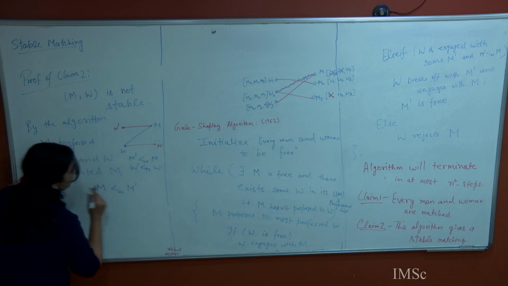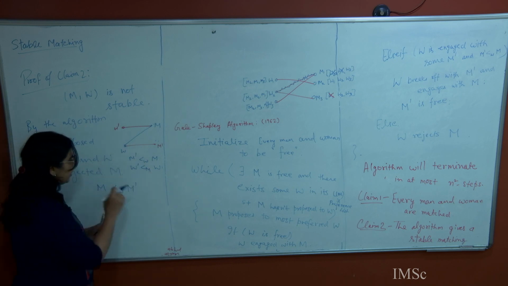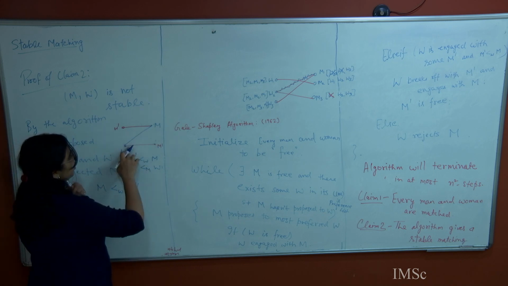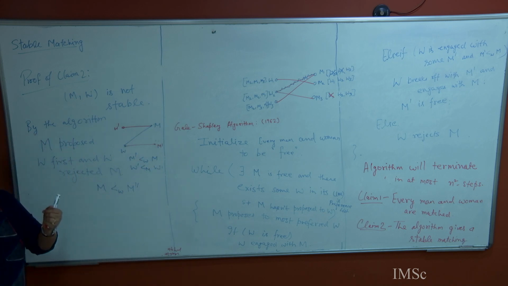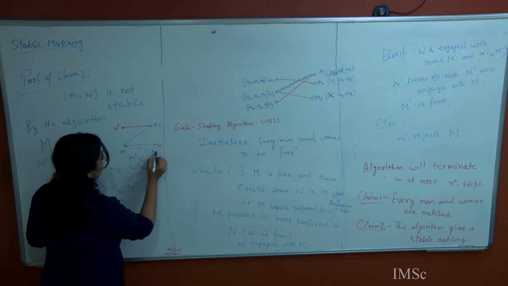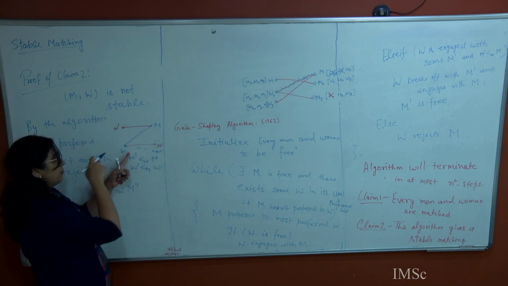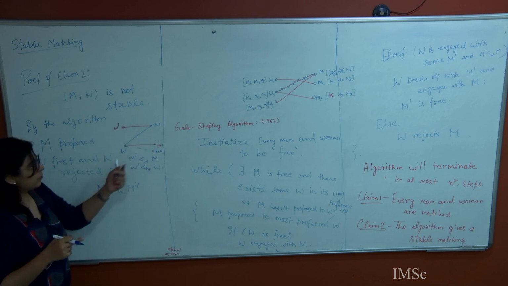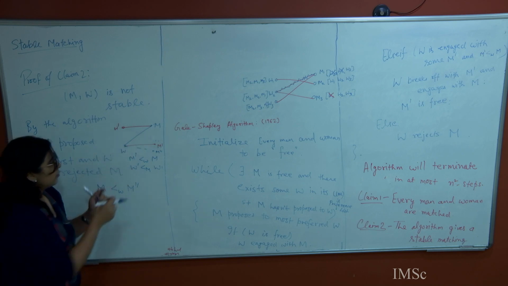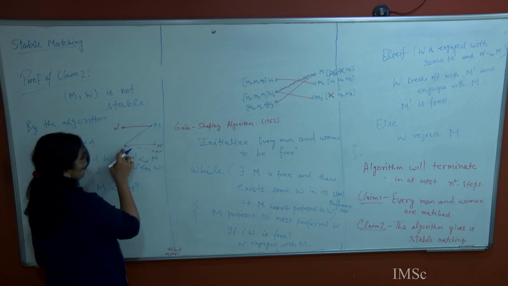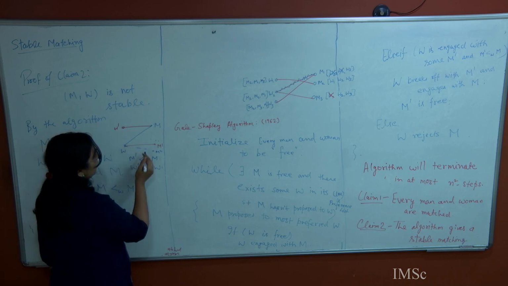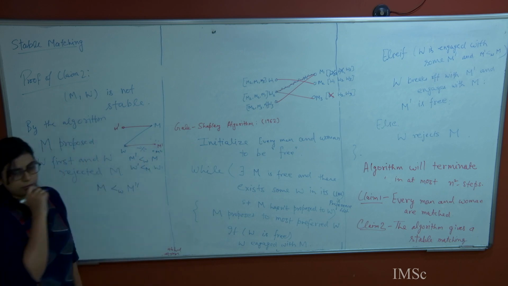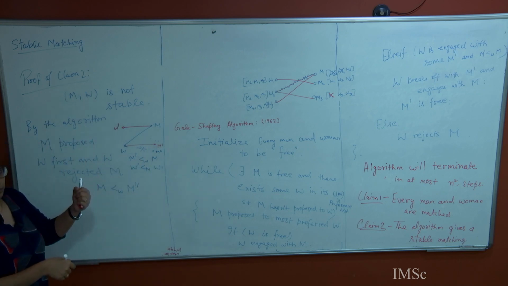But yes, it is M prime, because even if it was something else, maybe on some step W was matched with somebody else, M double prime, when M came to W, and W rejected M because M double prime was more preferable than M. But maybe in a later step M prime came to W and she broke off with M double prime and matched with M prime, because M prime is a better choice than M double prime for her.